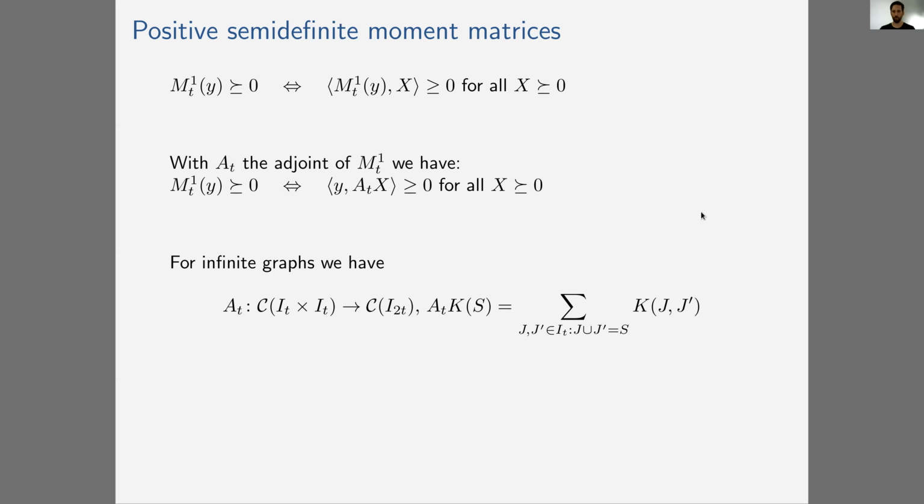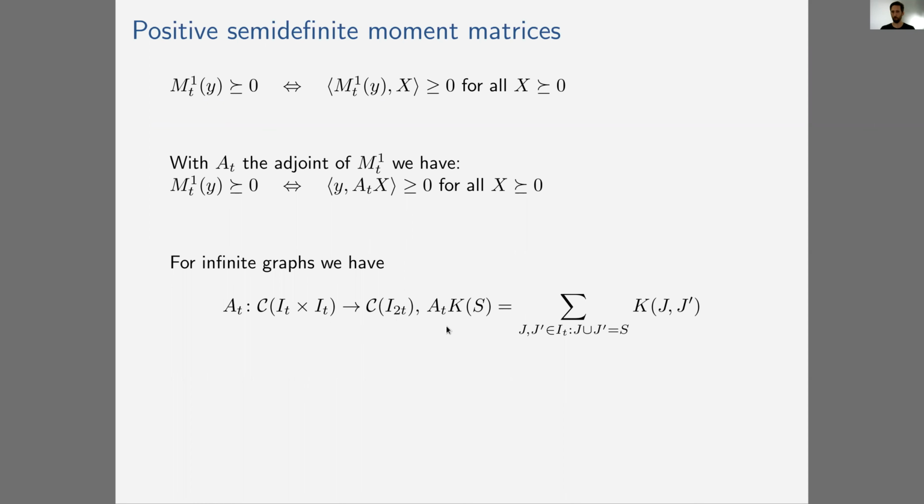If you do that, and you also go to infinite graphs, then it becomes this operator. It's an operator sending kernels on I_t, so continuous functions from this product to R, to functions on I_2t. And it works like this.